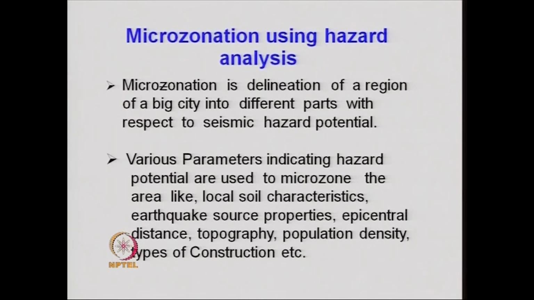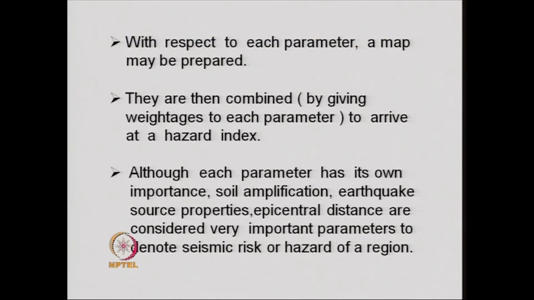So now let us try to formally define the microzonation. Microzonation is delineation of a region of a big city into different parts with respect to seismic hazard potential. Various parameters indicating hazard potential are used to microzone the area, like local soil characteristics, earthquake source properties, epicentral distance, topography, population density, types of construction, etc. With respect to each parameter, a map may be prepared.